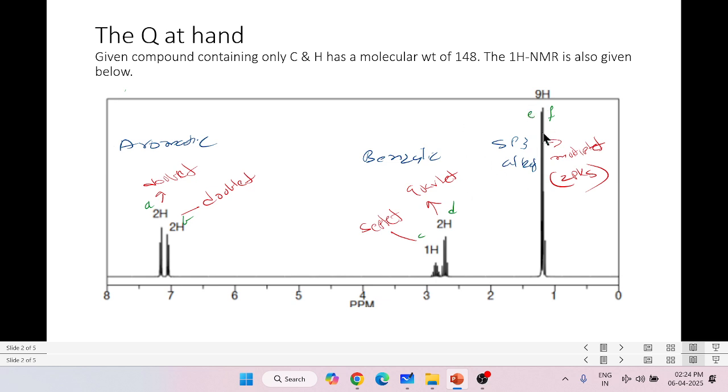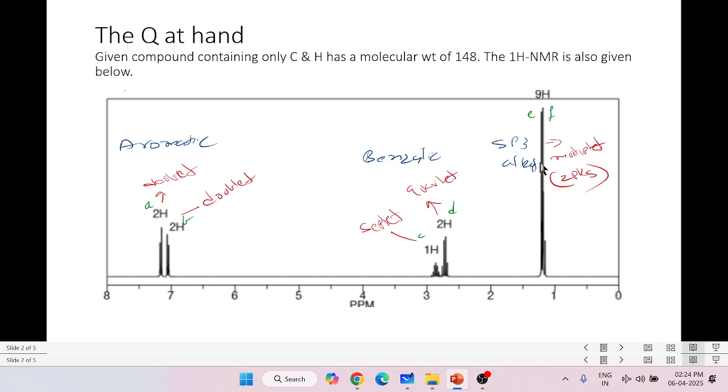We see a 9H peak that looks like a multiplet further upfield at around 1.2 ppm. It looks like a single signal, but actually there are 2 signals here, E and F. Why would that be? We know that HC is a septet, so it has 2 methyl groups on either side.